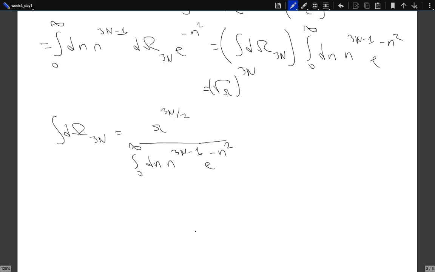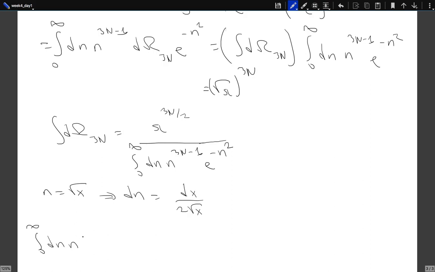Now let's try to evaluate that one-dimensional integral. Well, let me just make a change of variable. Let me say n is equal to square root of x. Then it will just become a gamma function. dn is equal to dx over 2 square root of x.